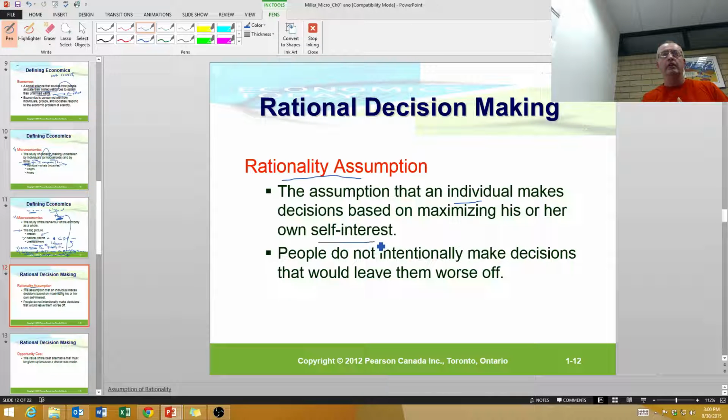This is the so-called rationality assumption, that we know what is best for us and that our decisions reflect that self-interest. Now that is an assumption. Is it true? It's a different question.